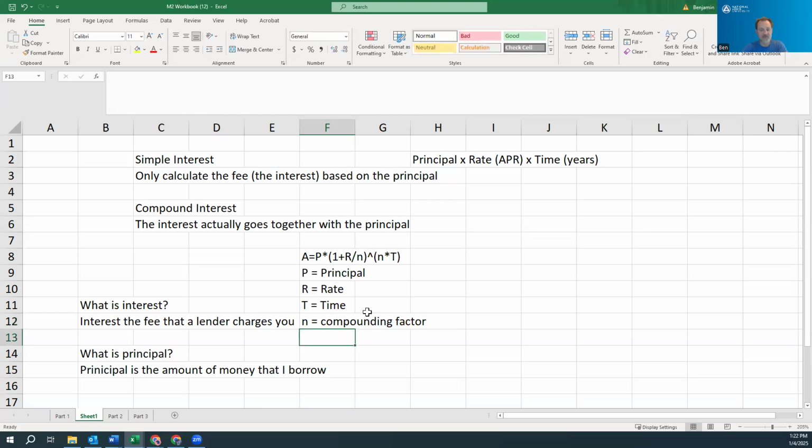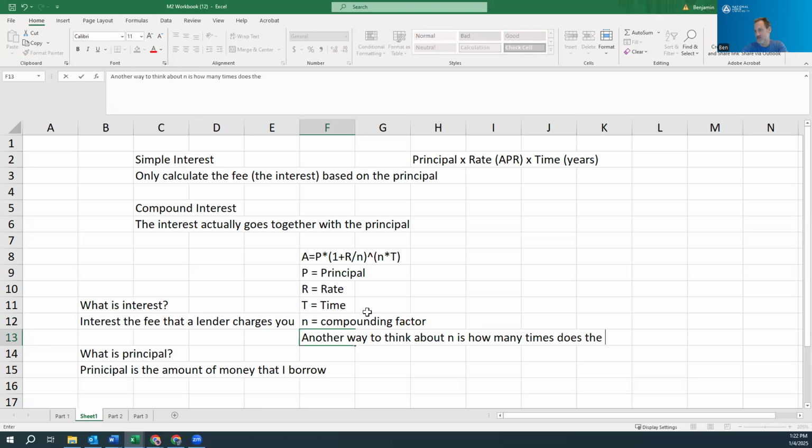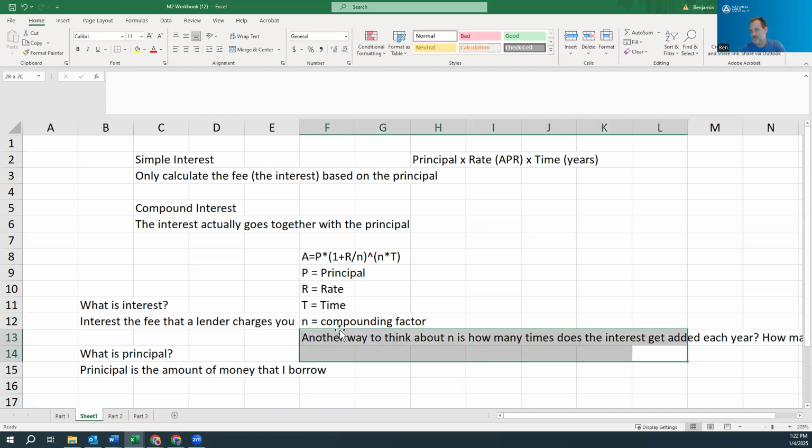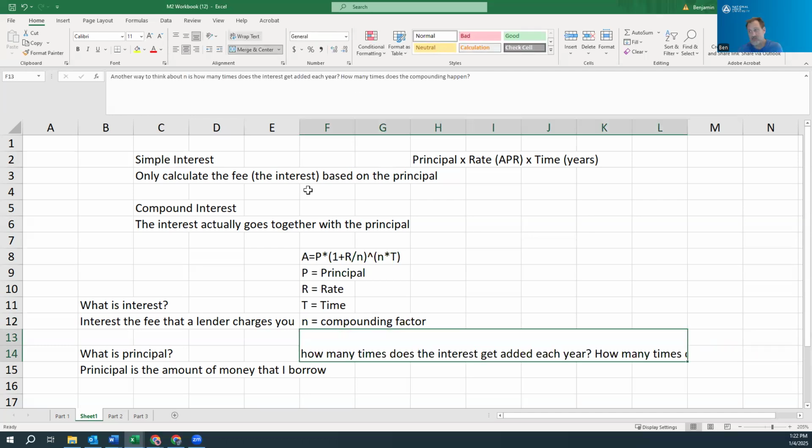Another way to think about it is how many times does the interest get added each year? Or how many times does the compounding happen? Basically, the way it's described would be with a word.